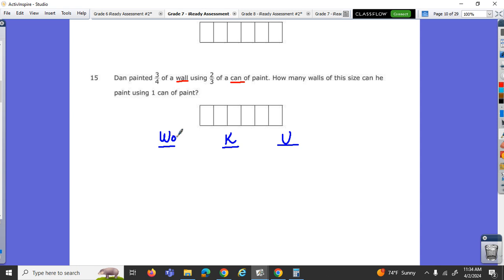Remember, W stands for what words are being related, K, what we know, and U, unknown, what we don't know. So whenever you think of WKU, just think of how to set up the proportion. We're relating how much of the wall we can cover with how many cans of paint.